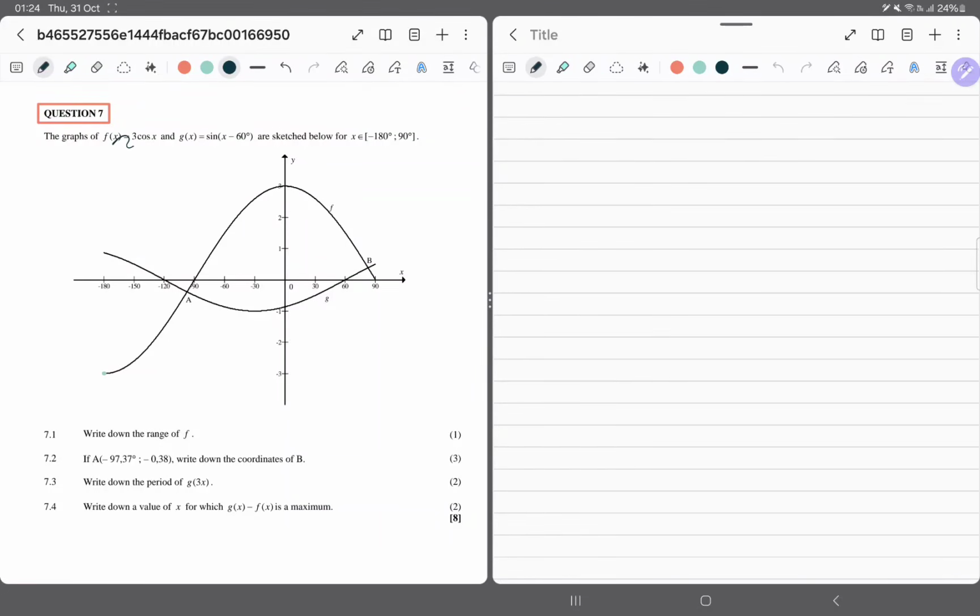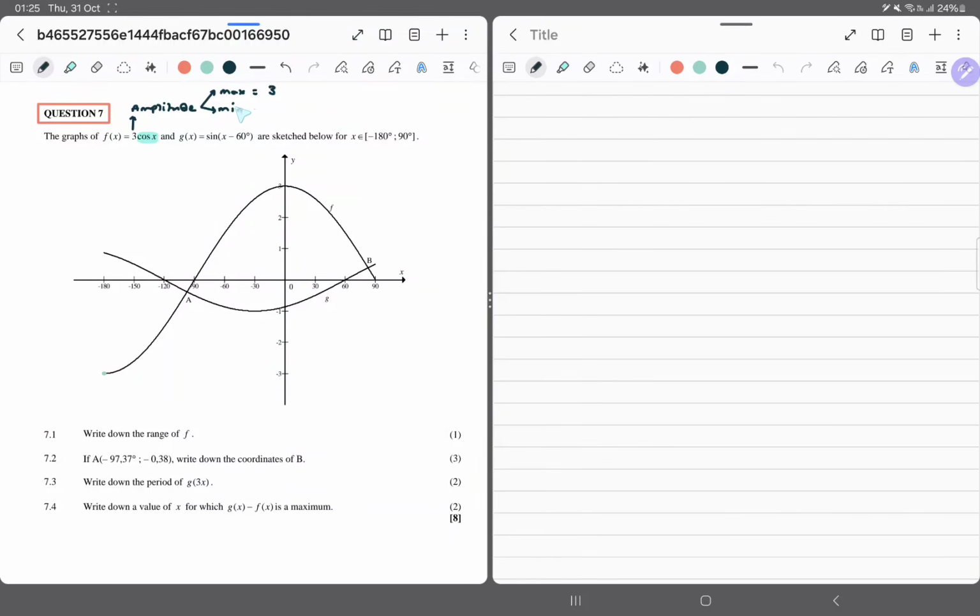The graph of f, k equals 3 cos x. But now we see that this cos x is nothing but the basic cos graph. We know that the 3 before this gives us the amplitude. Now the amplitude will give us the maximum value and the minimum value.